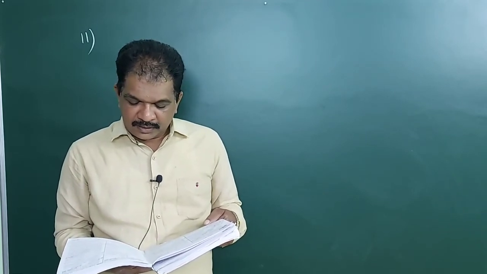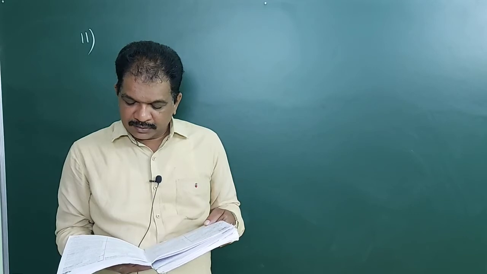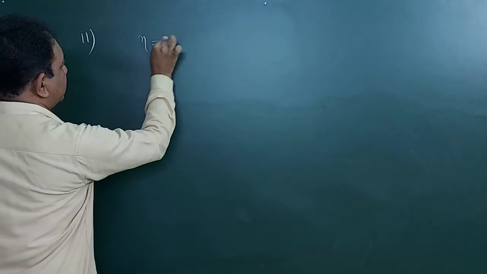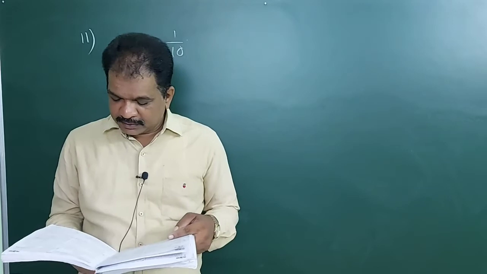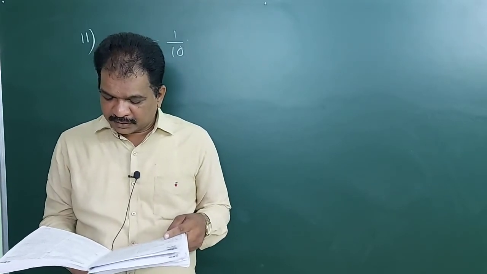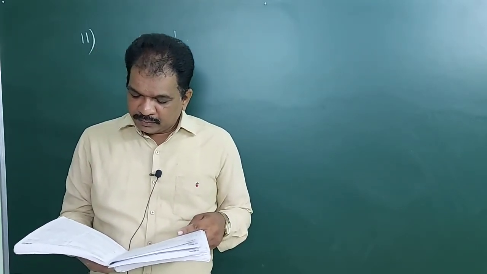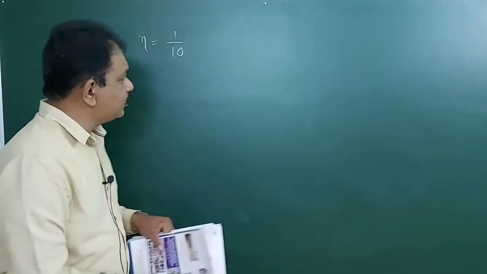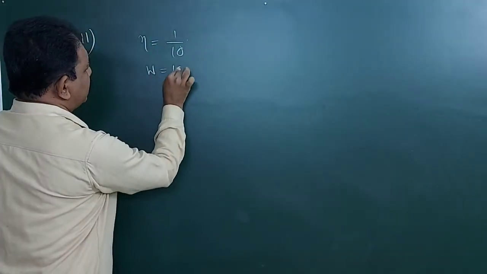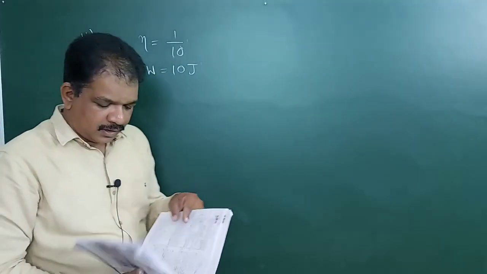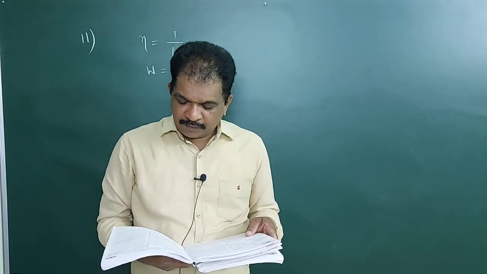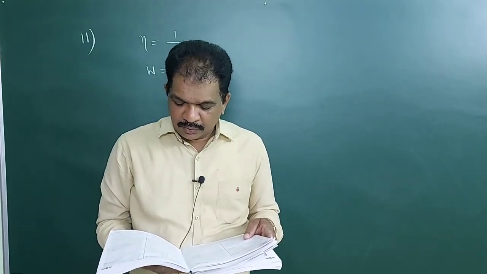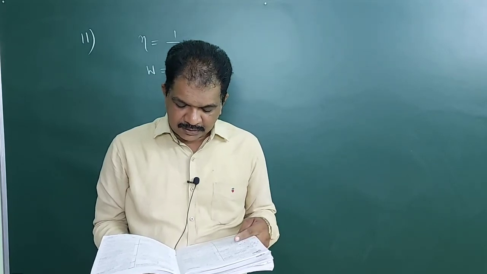So efficiency of the Carnot engine is 1 by 10. Eta is equal to 1 by 10. It is used as the refrigerator. Work done value will be 10 joules. W is equal to 10 joules. Now, the amount of heat absorbed from the reservoir at lower temperature is how much?